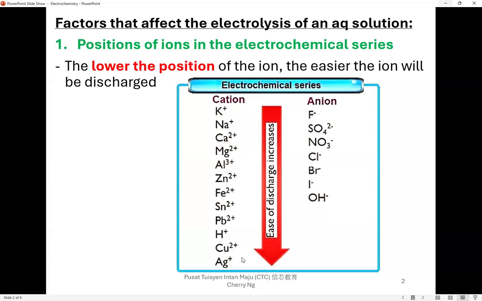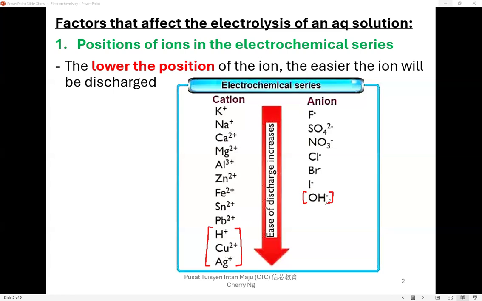If you can only remember a few, you can choose the ones at the bottom, which are hydrogen, copper, and silver, which is argentum. For anions, you can remember hydroxide at the bottom. But if you can remember everything, it'll be the best.